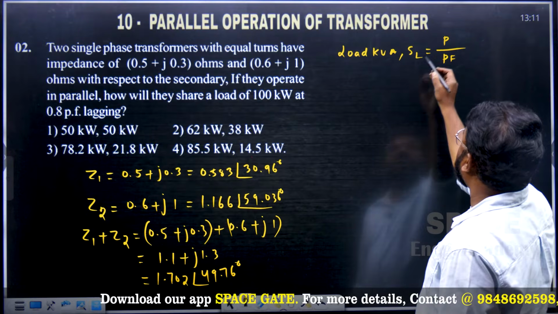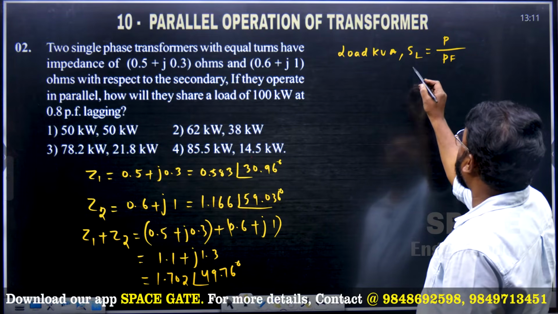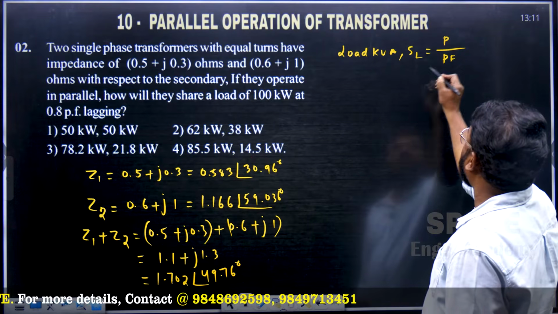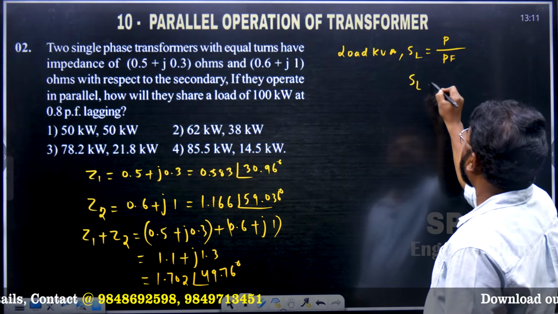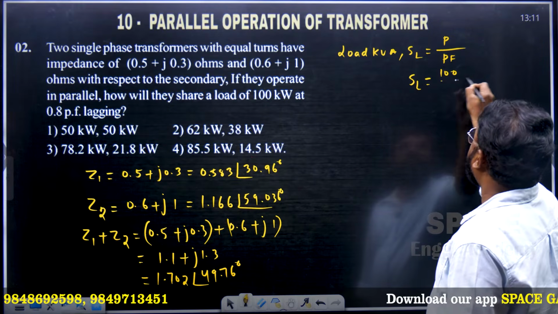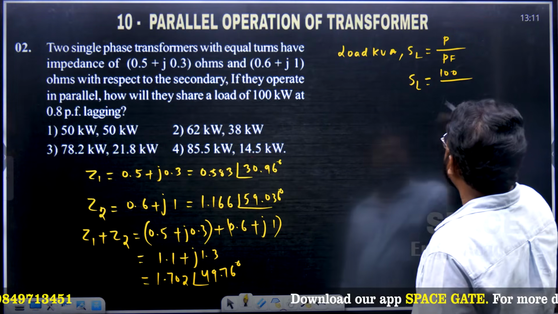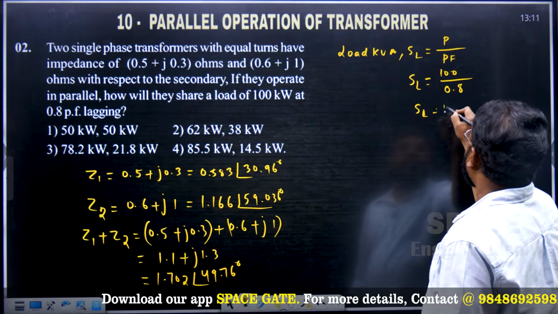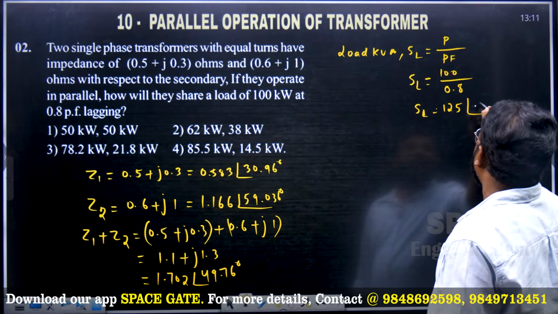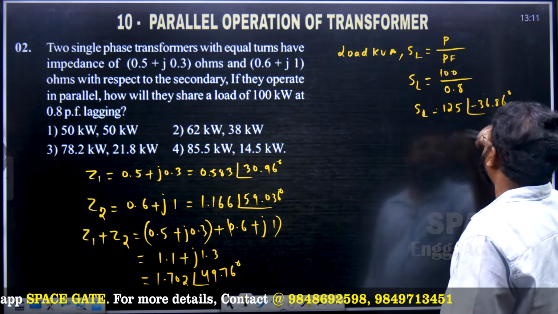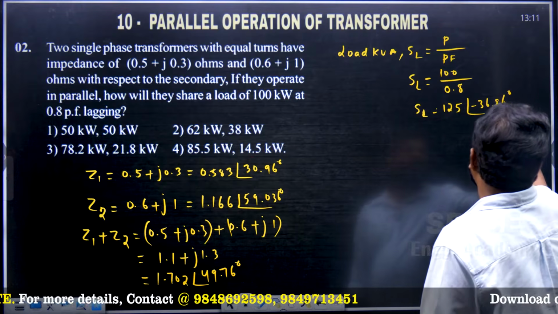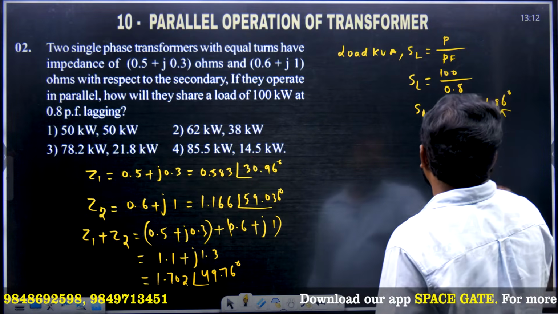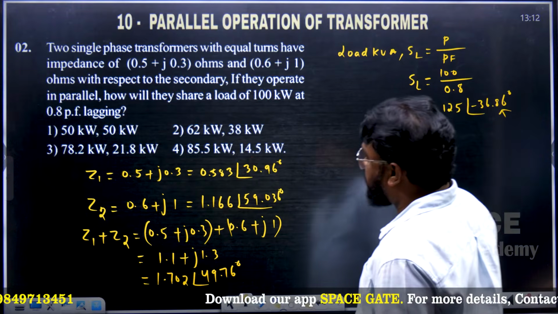Let us calculate the apparent power: SL is equal to 100 divided by 0.8, so SL is 125 at an angle of minus 36.86 degrees. It is a lagging power factor, which is why I have taken the minus sign here.